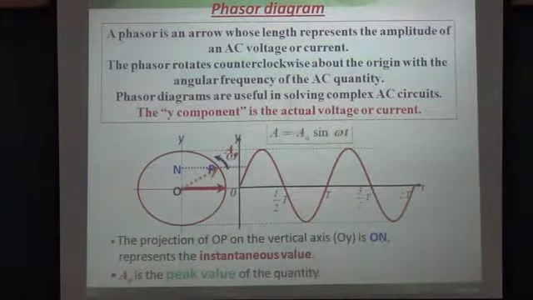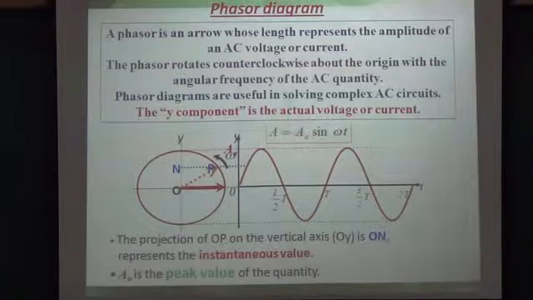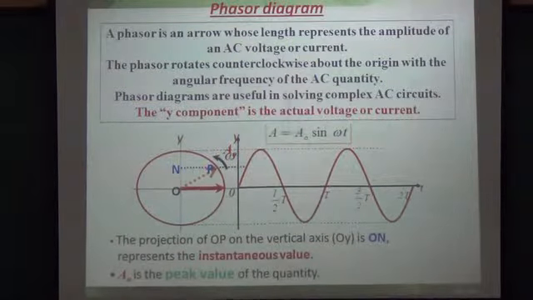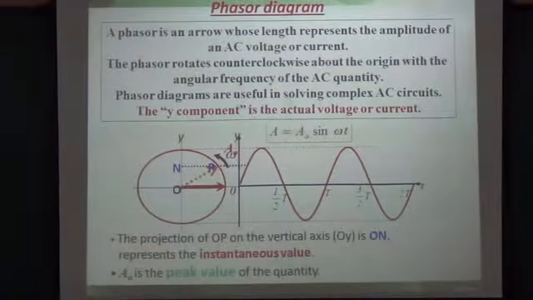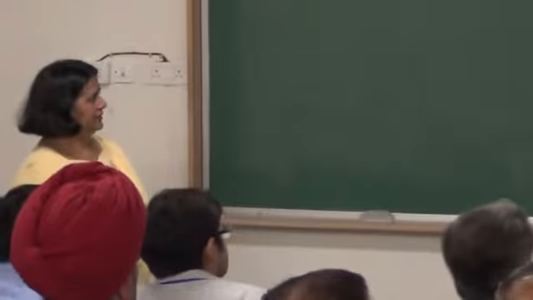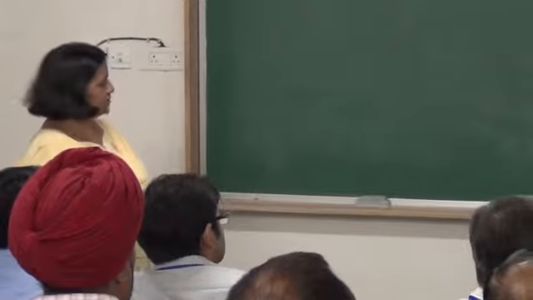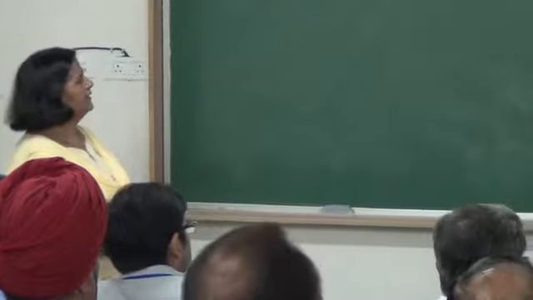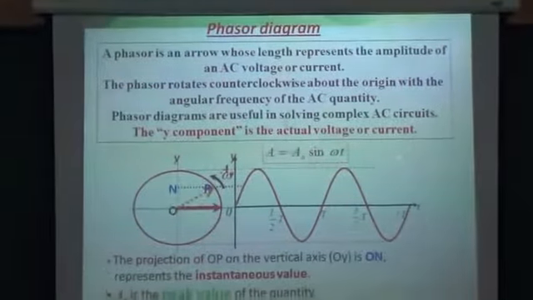And before that, because I want to do those circuits with the help of phasor diagrams, we should see what I mean by a phasor. What is a phasor? Now, this is my sinusoidal sine wave.